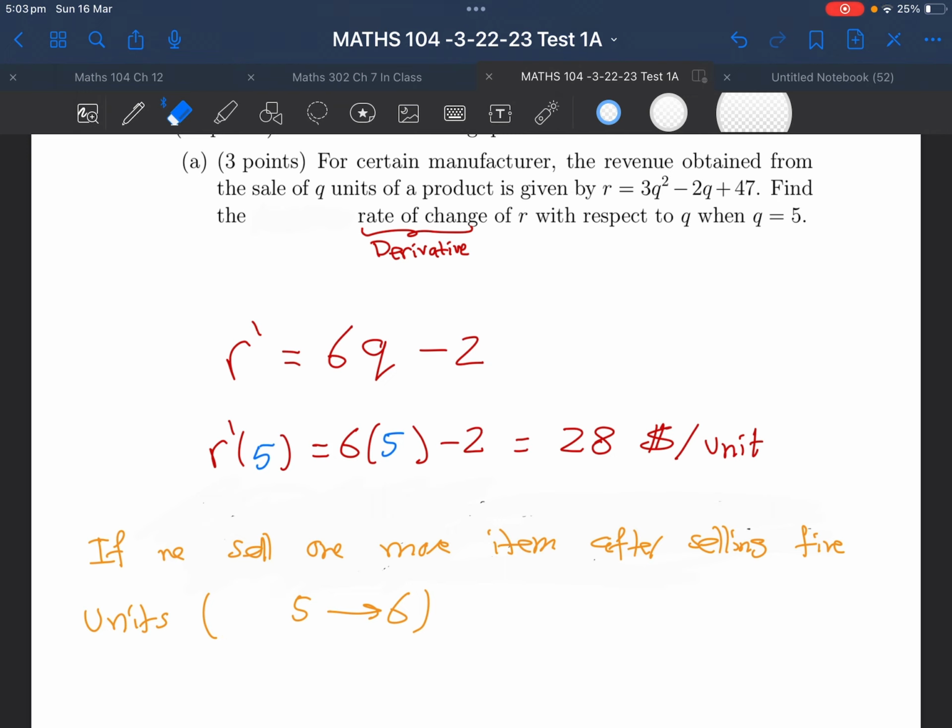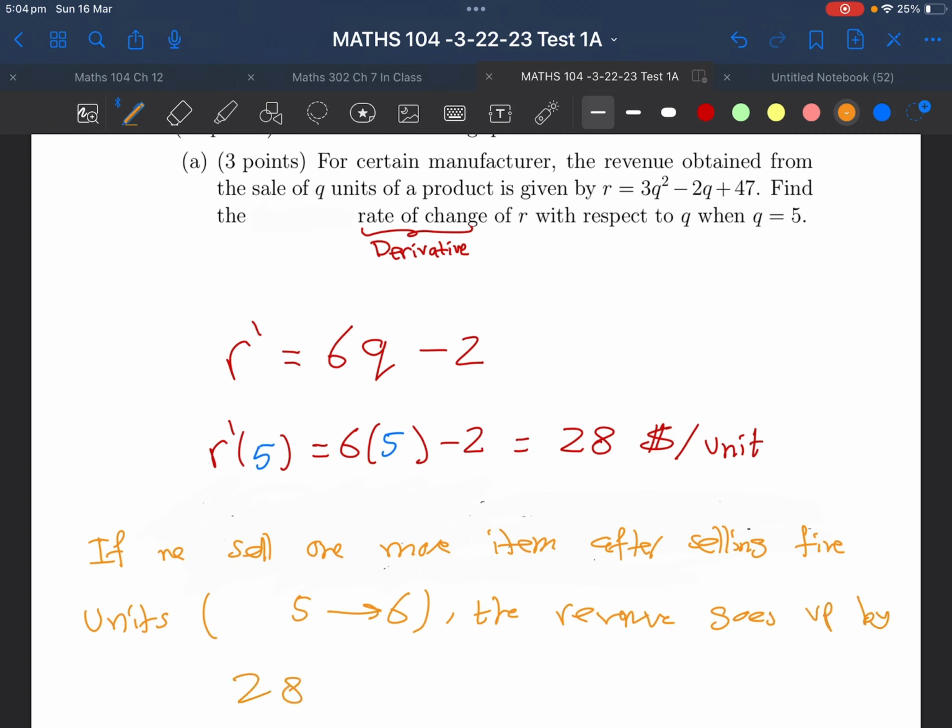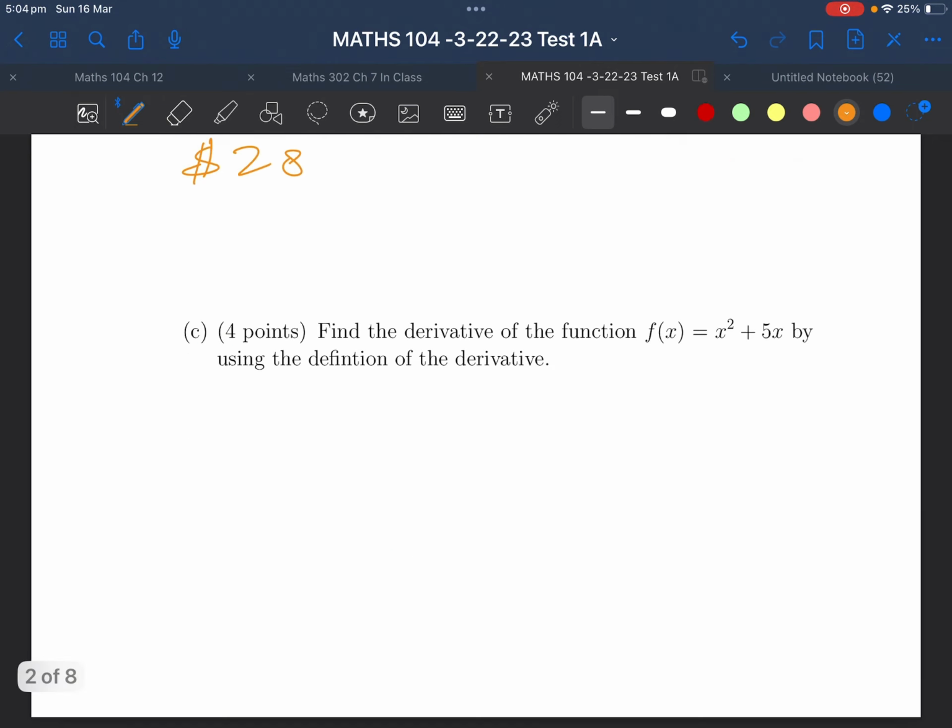If I go from 5 to 6, the revenue goes up by $28. And that's what we get from the derivative. So this first question is the rate of change, which is another word for the derivative, and that's what the derivative all means.